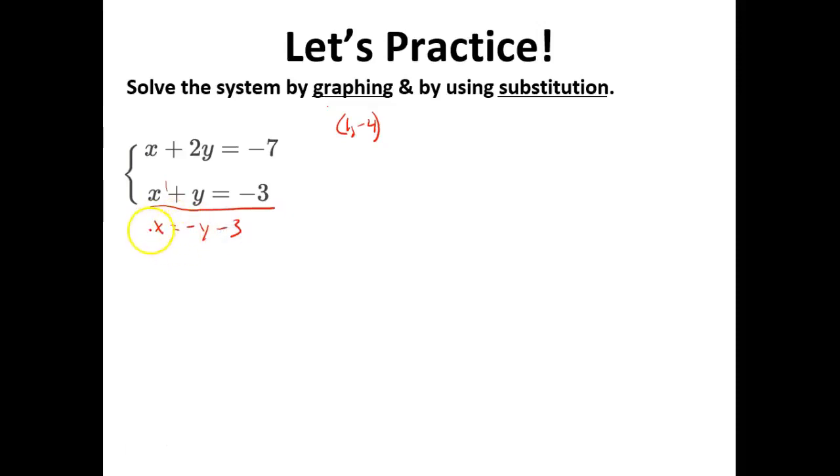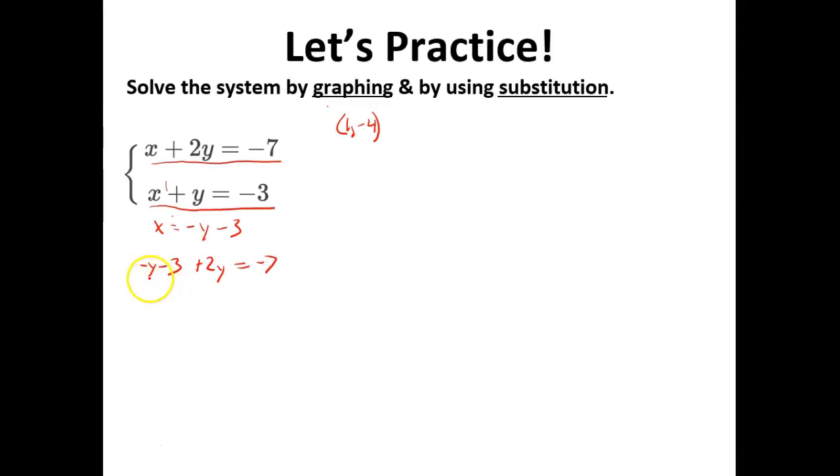If this is what x is, this quantity over here, I'm going to take that and substitute it into this first equation. So I'm going to take what x is equivalent to, the -y minus 3, replace the x with that and substitute it in, plus 2y is equal to -7.